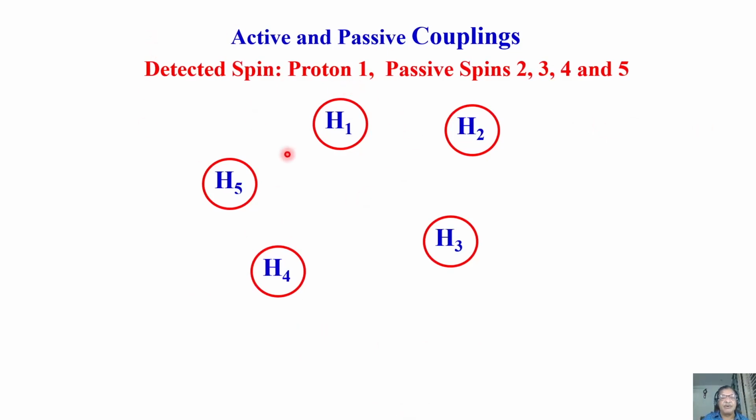Now, let us extend the logic. I am going to consider proton 1. I will detect this one. That means I am at the chemical shift of proton 1. Let us say proton 1 is here. This is coupled to proton 2. What is its coupling strength? J12, because I don't know the value, but it is coupled to proton 2. It is also coupled to proton 3, J13.